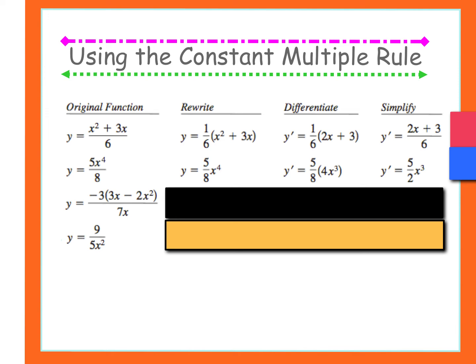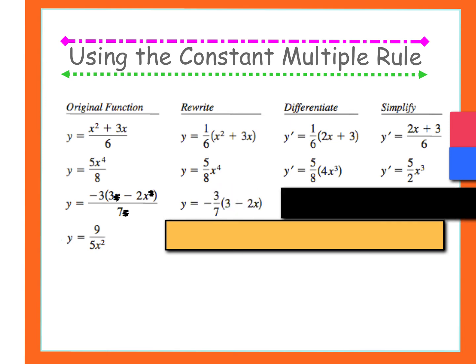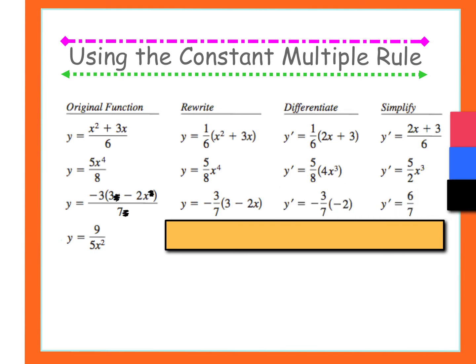Well, eventually we could take out -3/7, but what could we do with all the x's? Take out an x over x, so we could get rid of one of the x's. So this could go like that. Then you could take out a -3/7, and then we could do a simple power rule. All right, let's look at this next one. How could I rewrite this 9 over 5x squared?